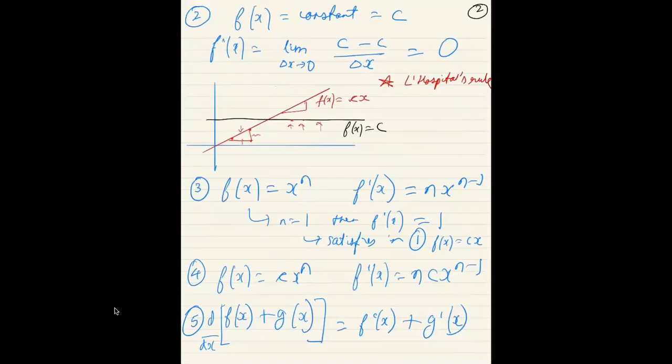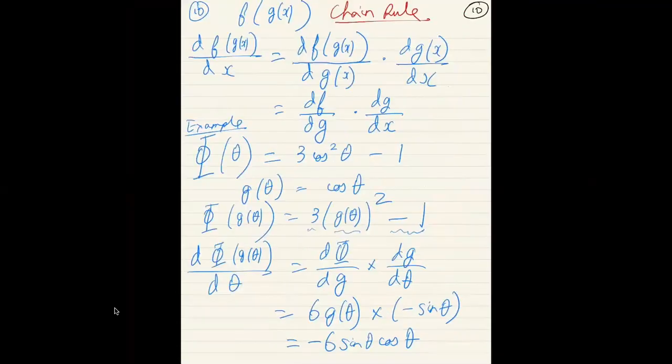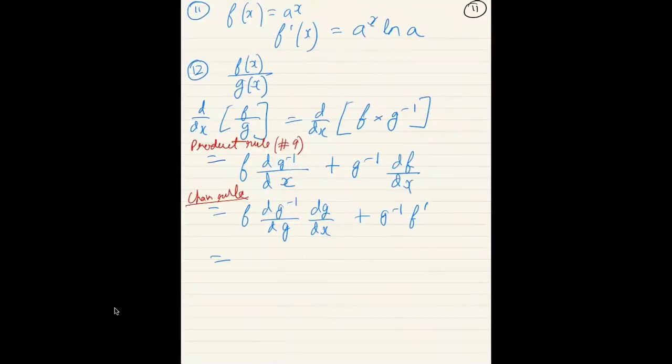For x to the power n, we get nx to the power n minus 1. So here, if we use rule number 3, n is equal to minus 1, so we get minus 1, and this thing subtracted one more power, g to the power minus 2, g prime, plus g inverse f prime.